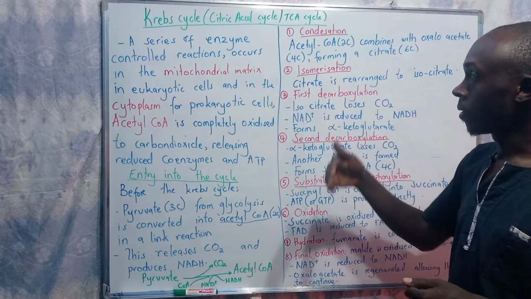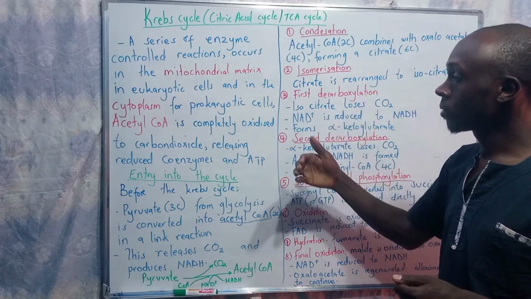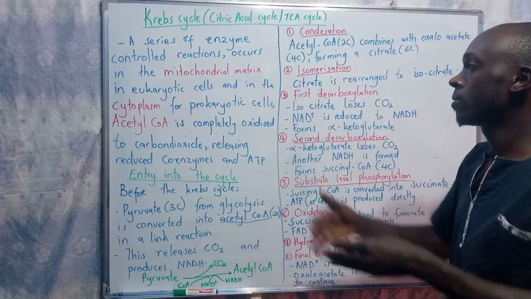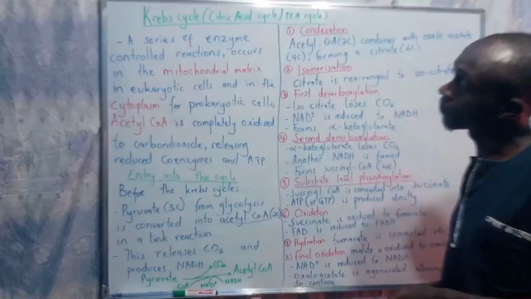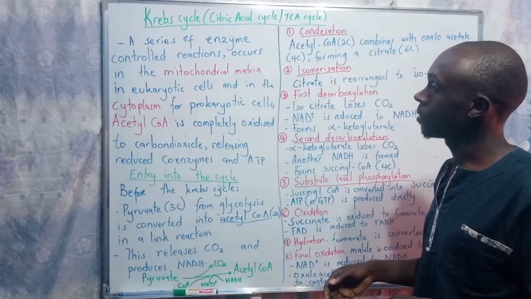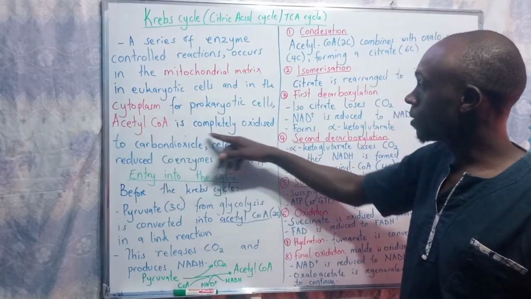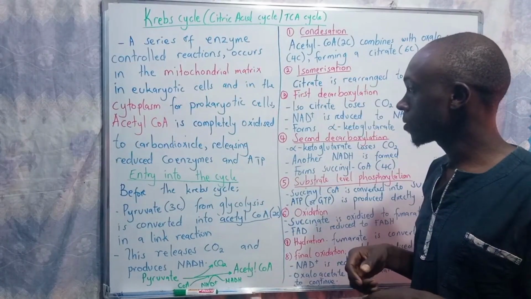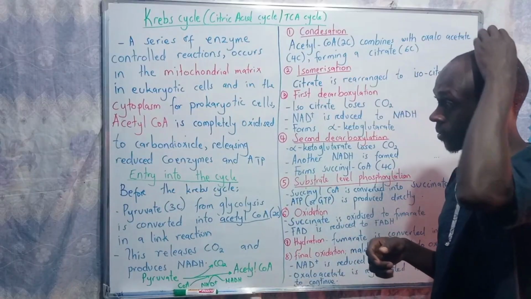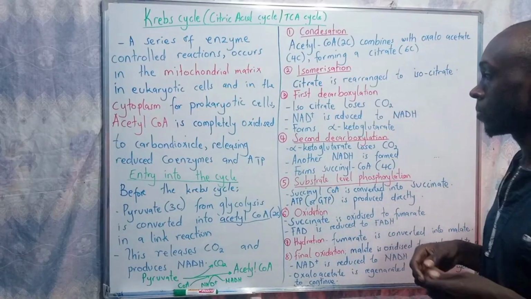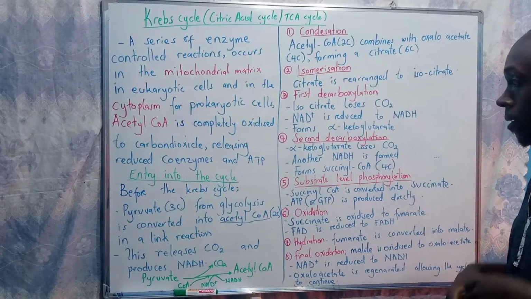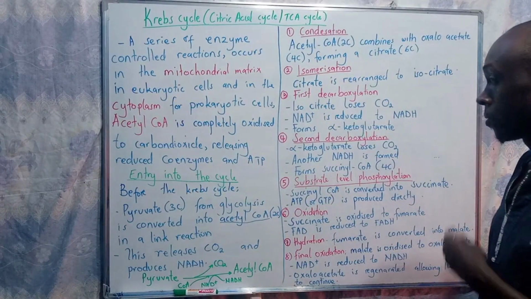So instead, the Krebs cycle will just occur within the cytoplasm. So what is being involved is acetyl coenzyme A is completely oxidized to carbon dioxide, releasing reduced coenzymes and then ATP, as we are going to see in the steps.